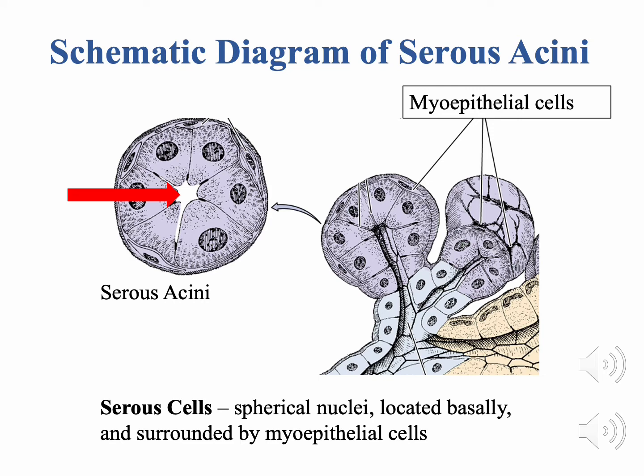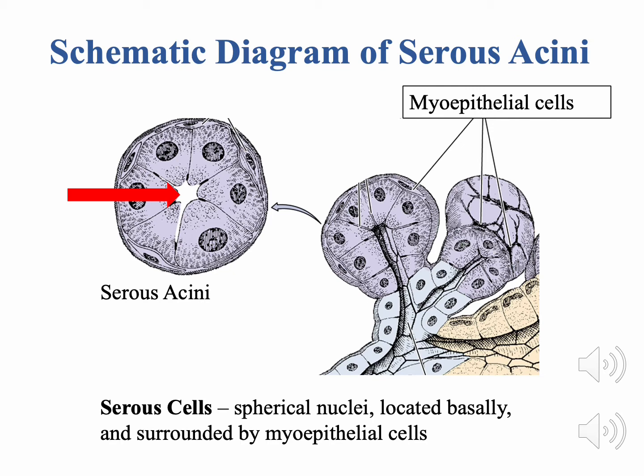The serous acini are composed of very polygonal shaped serous cells. They have a round nucleus that's located towards the basal pole of the cell, and the apical pole of the cell is studded with protein-containing vesicles that are going to be secreted into the lumen of the serous acini.